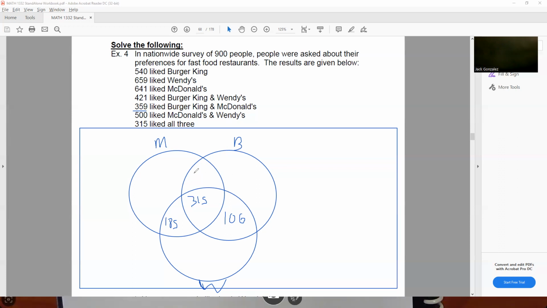Subtract 315 from it, and you get 44, right? So now we got all the inner pieces. Now we can take everybody who liked McDonald's, 641, and subtract all these sections right here. You got 97? Nice.